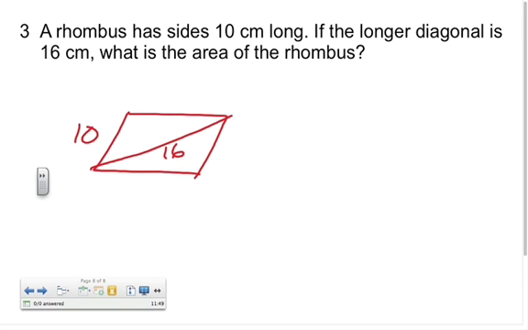I know I need to find the length of the other diagonal in order to find the area of this. Any thoughts on how we're going to do that? Think about that property of a rhombus that we mentioned earlier. What do you know about the diagonals of a rhombus? They're perpendicular.